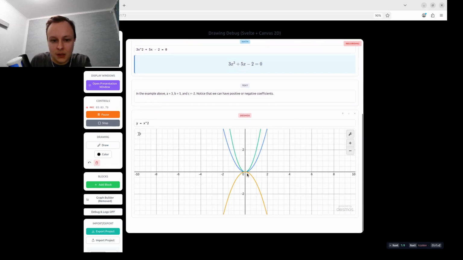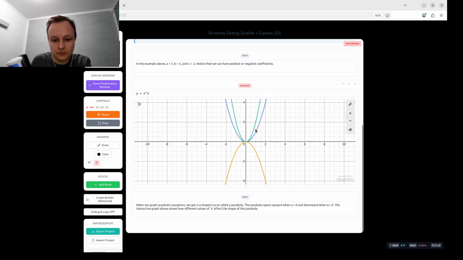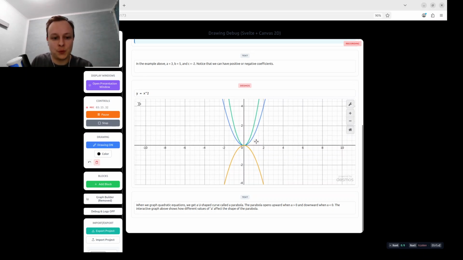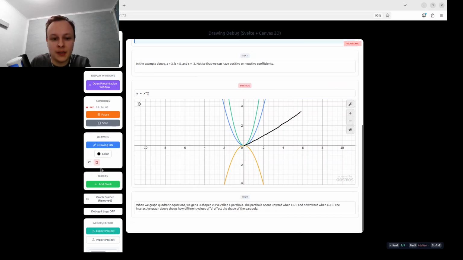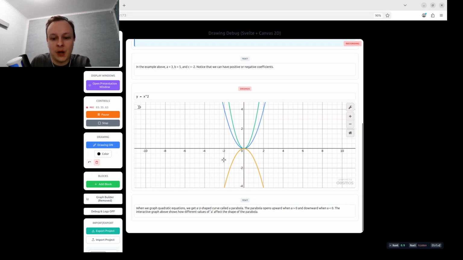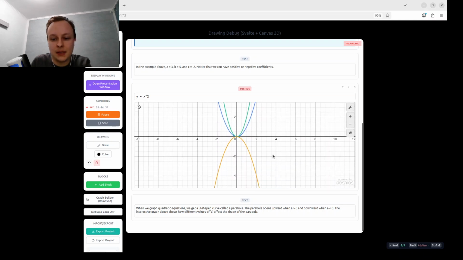Right now we can look at the graph. Notice that on the graph, compared to a linear equation, which is just a straight line, our quadratic equation looks like a U-shaped curve, which in mathematics is called a parabola. A parabola opens upward when a is greater than 0 and downward if a is less than 0.